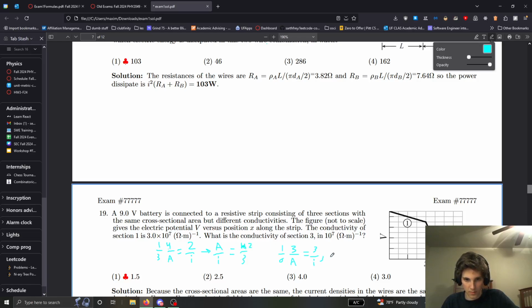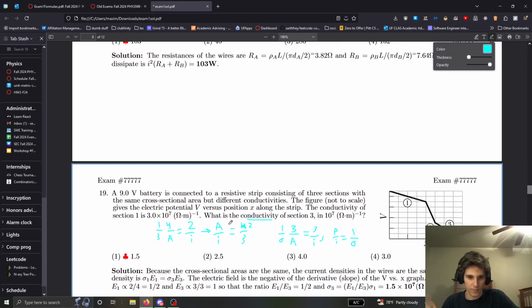And then if you simplify this, you just get A over I is equal to 1 over sigma. So the conductivity is the inverse of this, 3 over 2.